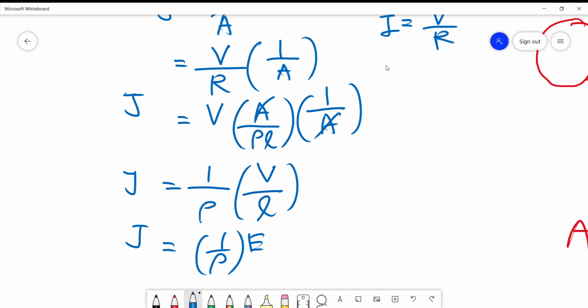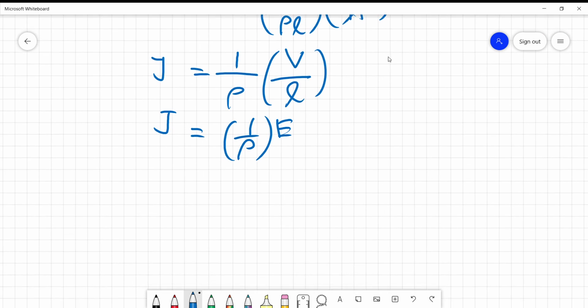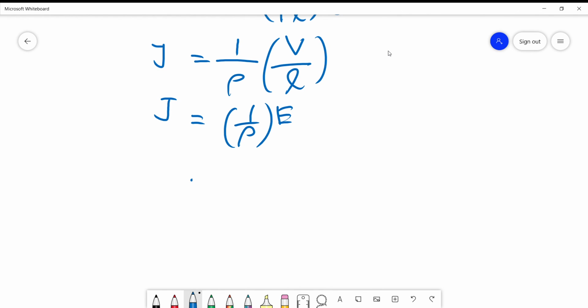And as we discussed in the introduction of the conductivity, the conductivity is reciprocal to the resistivity. So what I get here is sigma E. So this is the relation between these three variables: current density, conductivity, and finally the electric field.